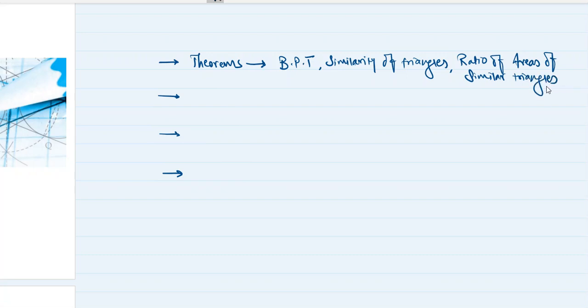There are many other theorems I'm going to cover, namely the angle bisector theorem, that is, the angle bisector of the interior angle and of the exterior angle. These theorems will also be done in the first class, that is today's class.